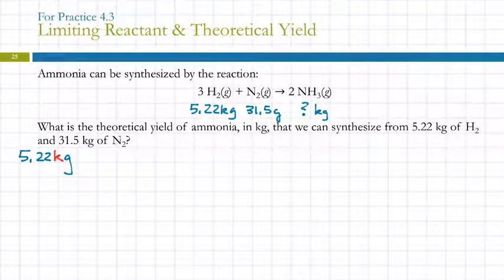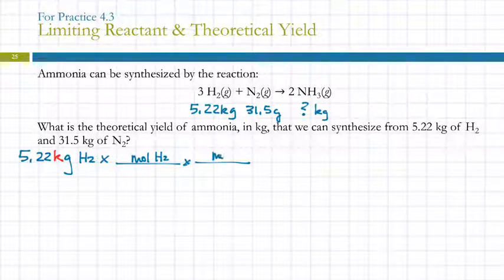So that's kilograms of hydrogen. I want to convert that grams to moles, moles of hydrogen to moles of the product, and then I want to go to grams of product. Grams to moles to moles to grams.